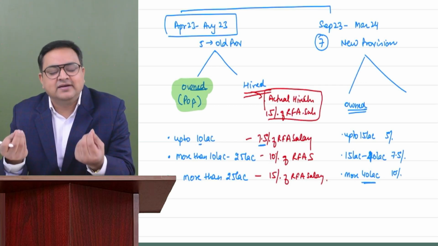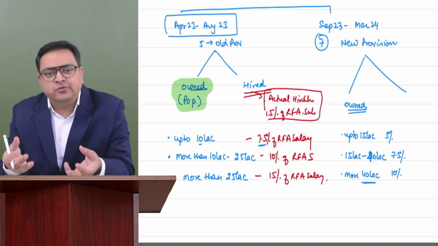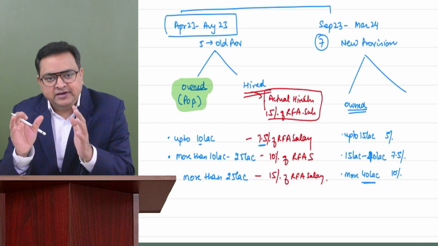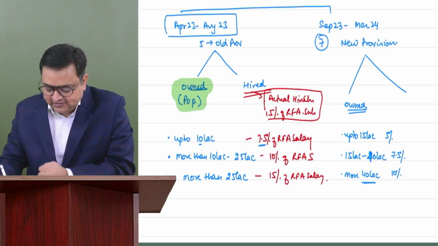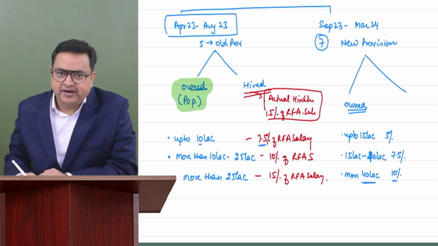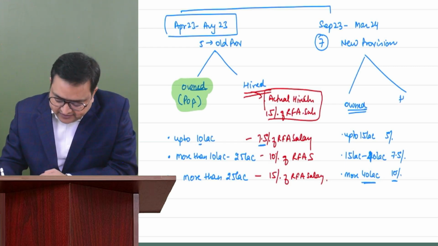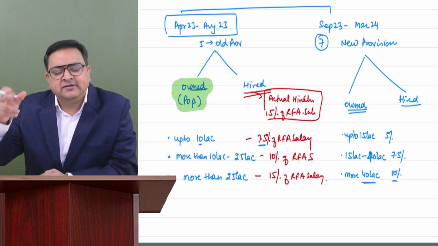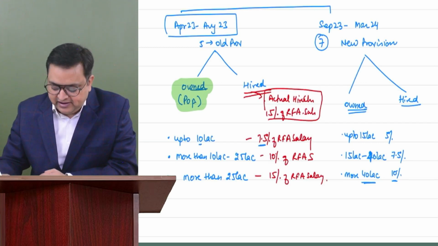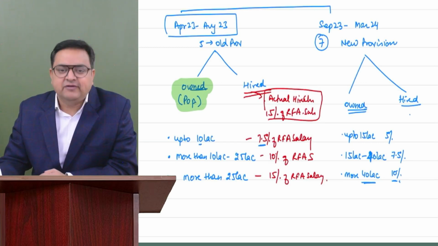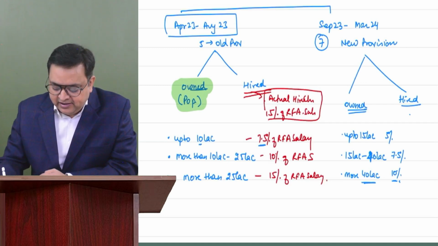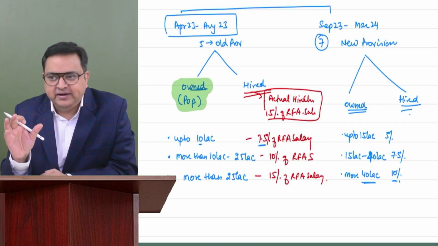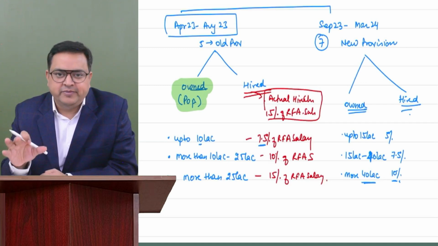And if it is missing, then please assume that the population of that particular area is more than 40 lakh, then you can safely apply 10% of RFA salary. And if it is hired by the employer, then actual hire charges or 10% of the RFA salary, whichever is lower. In case of hired, the population value does not matter.